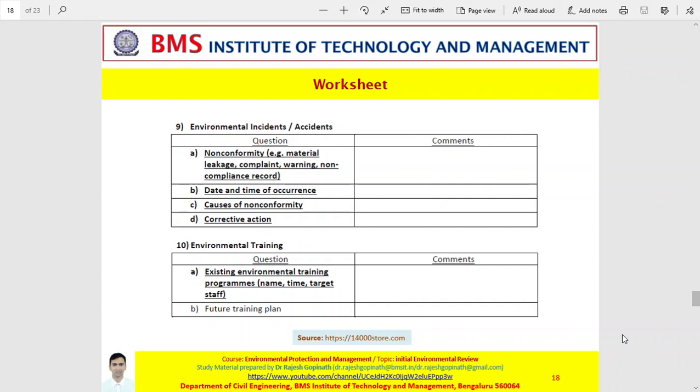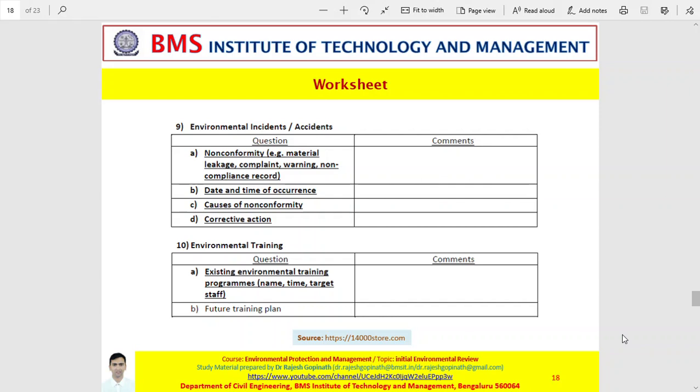Part 10, which deals with environmental training, is an indicator of management performance, or management's attitude towards environmental protection or the concern towards the safety of its workers.